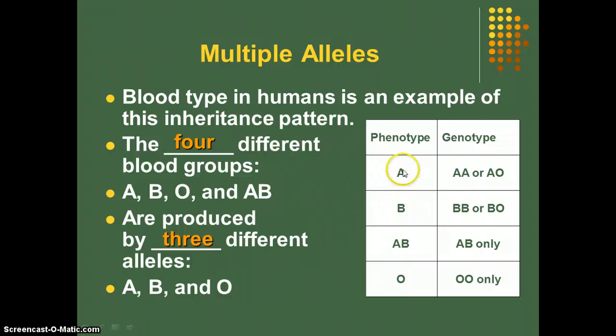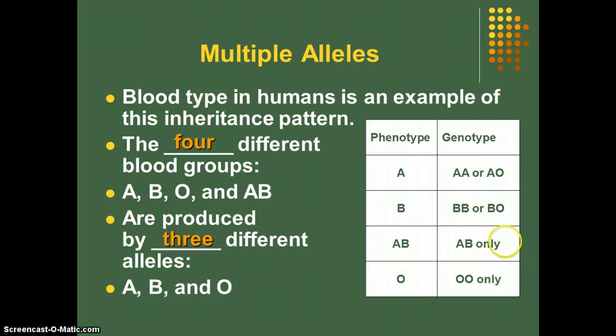If you take a look at the right, here's your phenotype, A, B, and O. Genotypes, as they shake out, in order to have a type A blood type, you're either going to have AA that you get from your parents, or A and O. Same thing with the B blood type. AB, you've got to get both A and B from mom and dad, A from mom, B from dad.